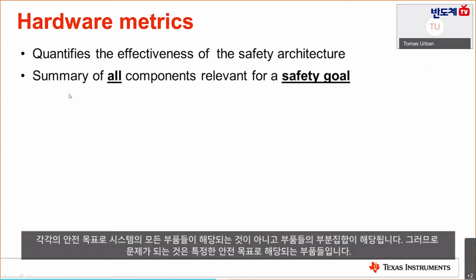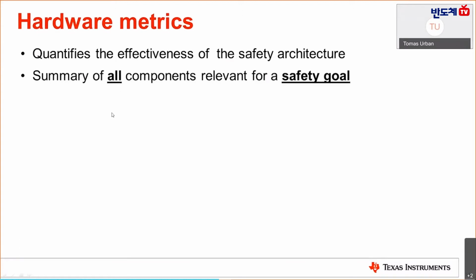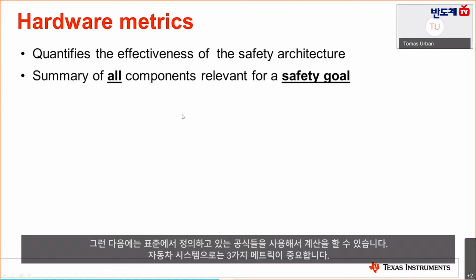Every safety goal has a set of components that are relevant, because not all the components in the system are relevant for each safety goal. So what matters is really those components that are relevant for that safety goal.